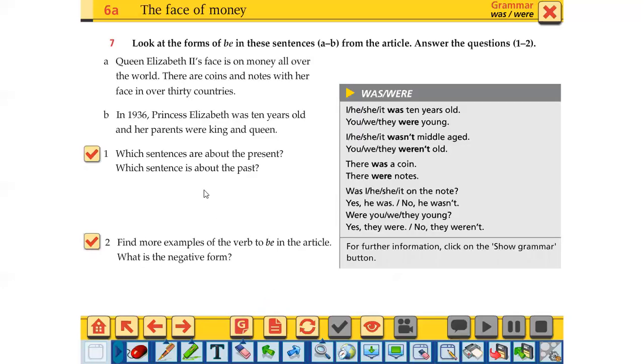Pues aquí tiene que responder de acuerdo a su criterio, which sentences are about the present? Which sentence is about the past? All in the article, okay?